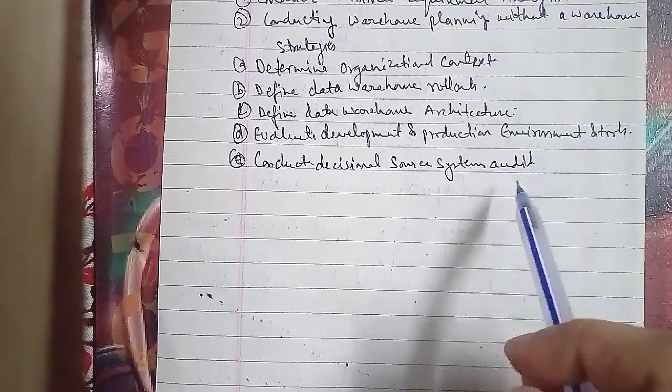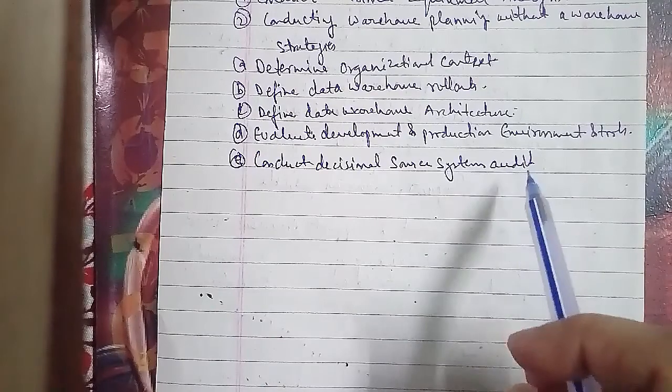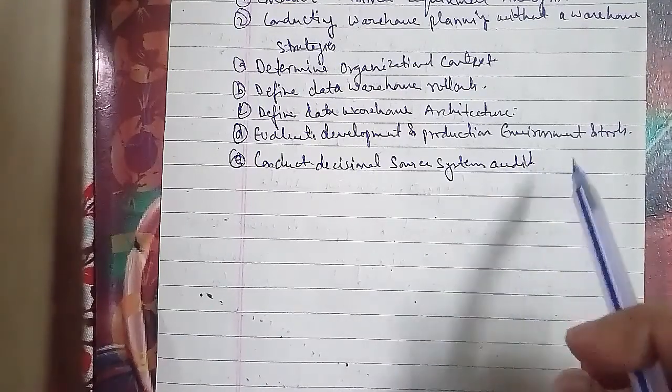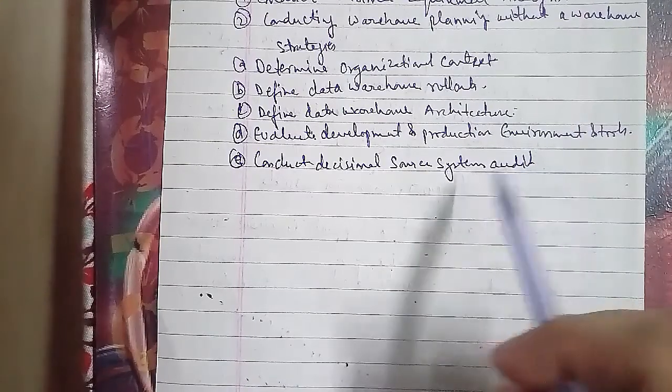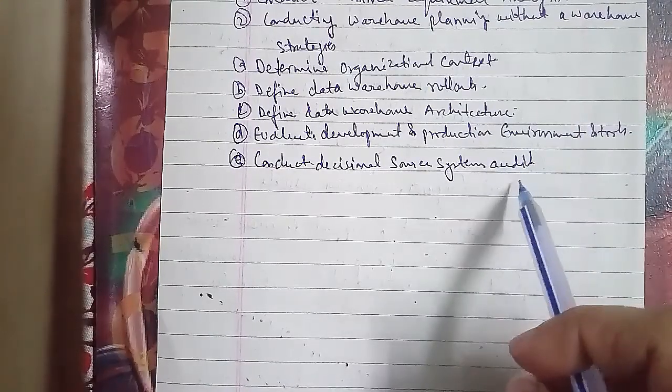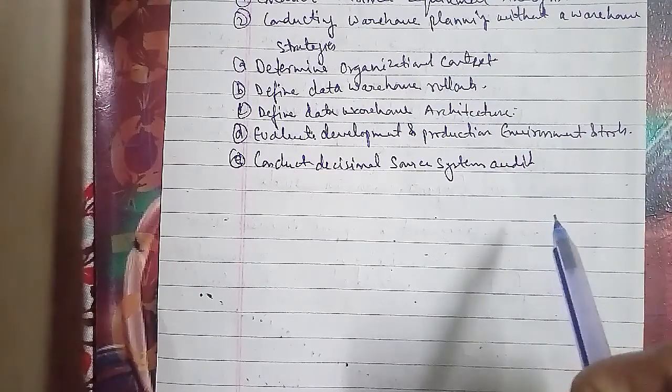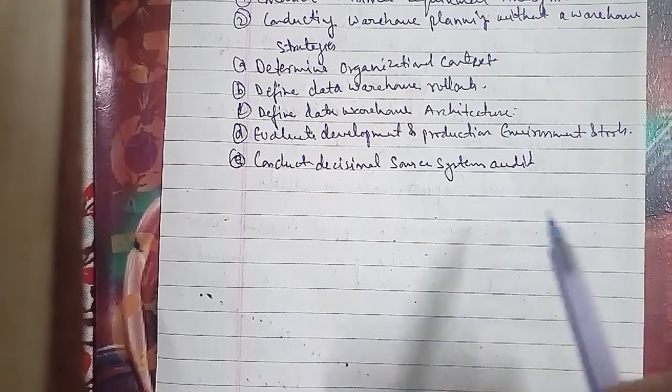A preliminary source system audit during the warehouse strategy formulation should provide a complete inventory of the data sources, and identify all possible source systems for the warehouse if the information is currently unavailable. Let's go ahead with another one.